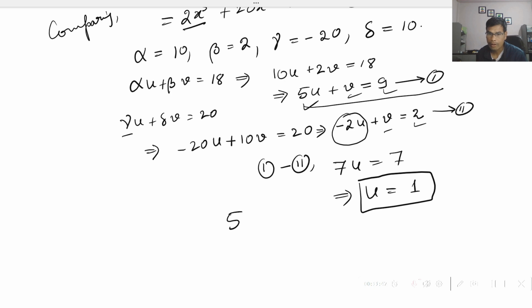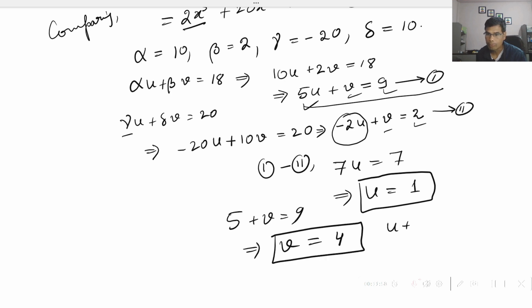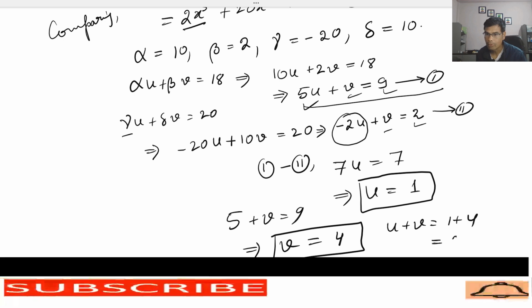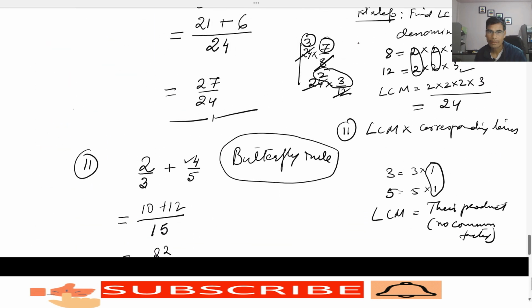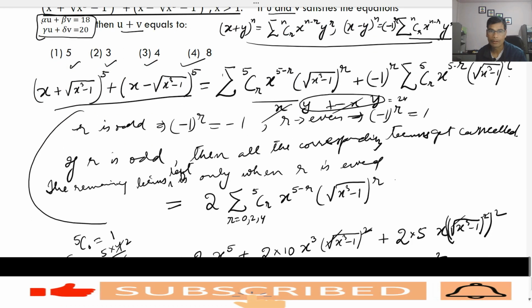So 5 into 1 plus v is equal to 9, which implies v is equal to 4. So therefore the sum of u plus v is equal to 1 plus 4, which is equal to 5. So this is the correct option. Yes, which is equal to 5. So the first option here.